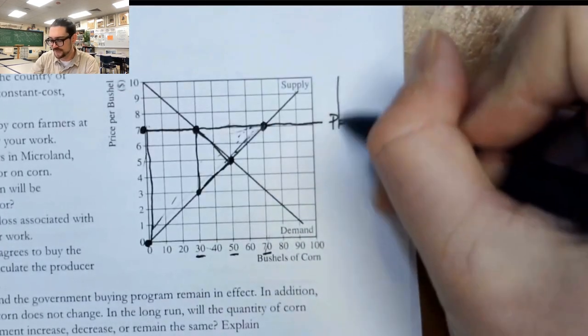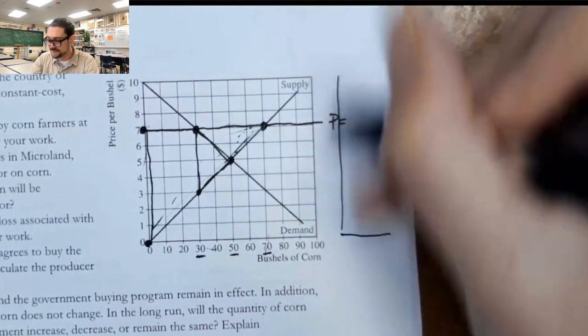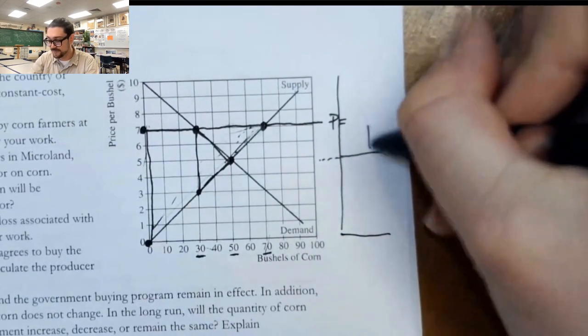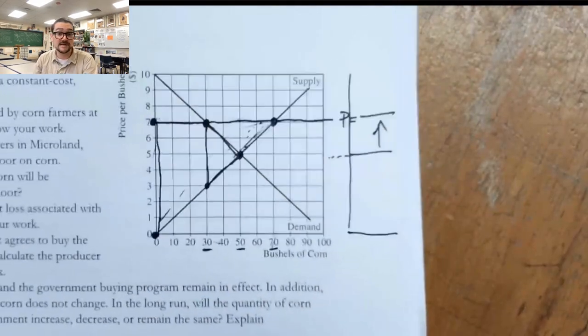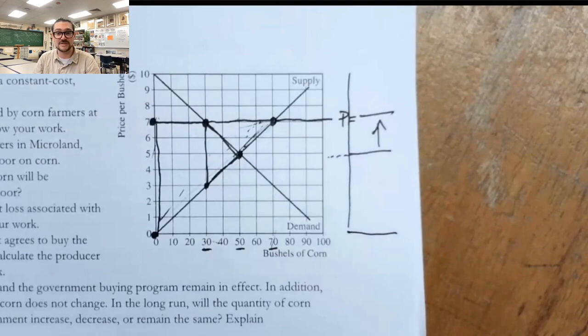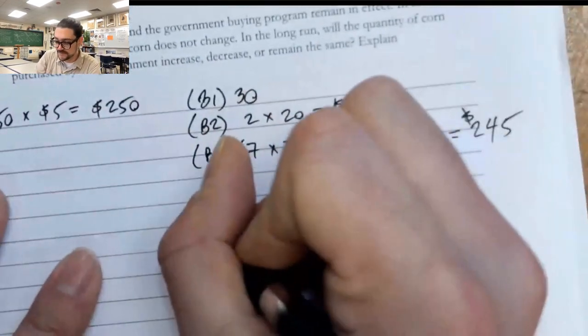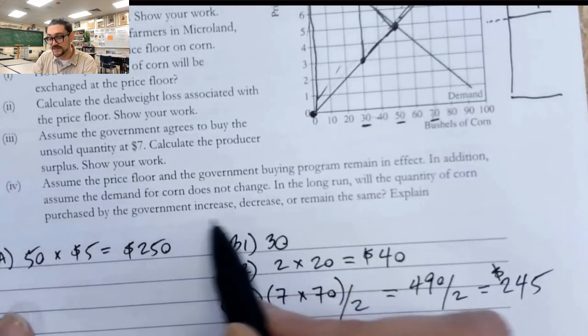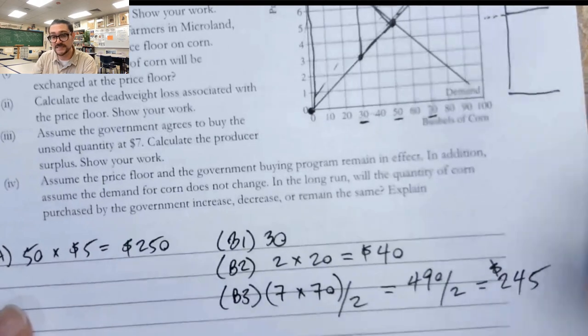If we were to draw over here a firm graph, well, we would have our little Mr. DARP, and now Mr. DARP's moved up. And that would have caused the firm to actually earn profit. As a result of the firms earning profit, more firms will enter. So we would say, will the quantity of corn purchased by the government increase, decrease, or remain the same? Explain.